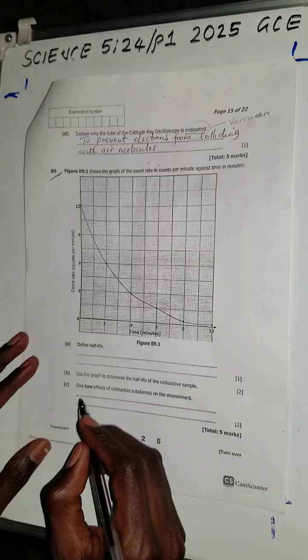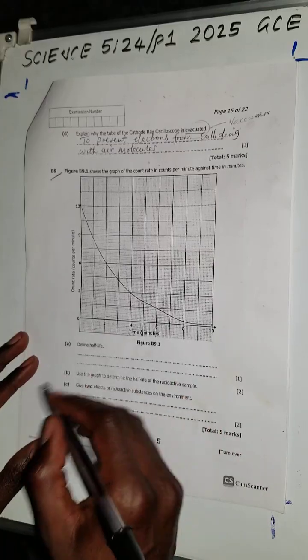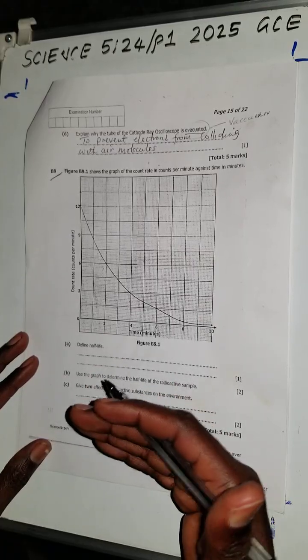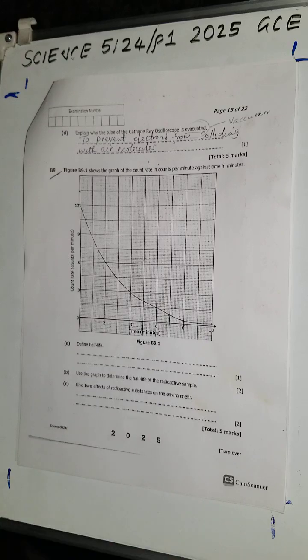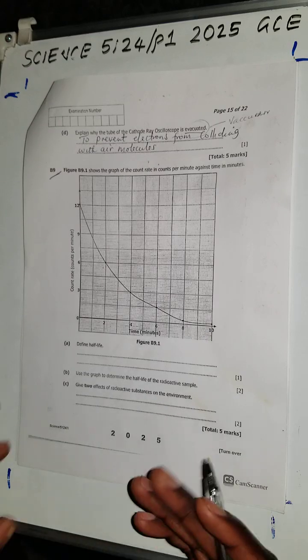So there are so many definitions, but what you need to remember is that half-life is simply the time taken for half of the number of unstable nuclei in a sample to decay.